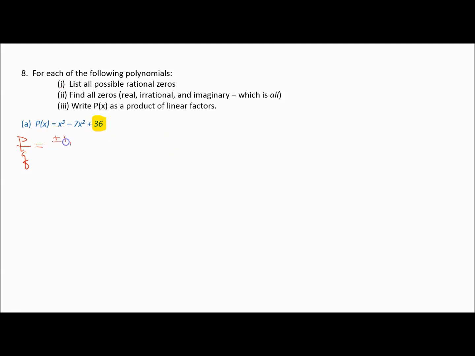So that's plus or minus 1, plus or minus 2, 3 goes into 36, 4 goes into 36, 5 doesn't, 6 does, 7 doesn't, 8 doesn't, 9 goes into 36, 10, 11 don't, but 12 goes into 36. And then the next number would be what? 18 goes into 36. And then the last number is 36 goes into 36. So don't forget the number itself.